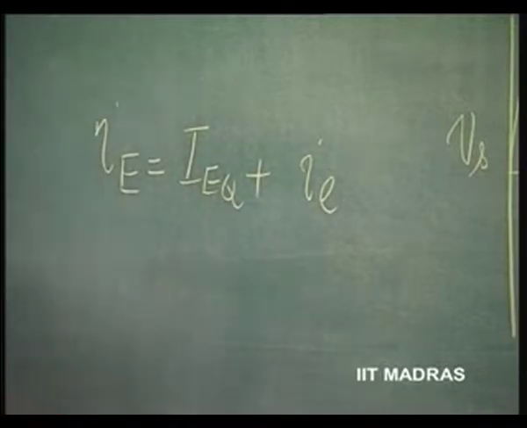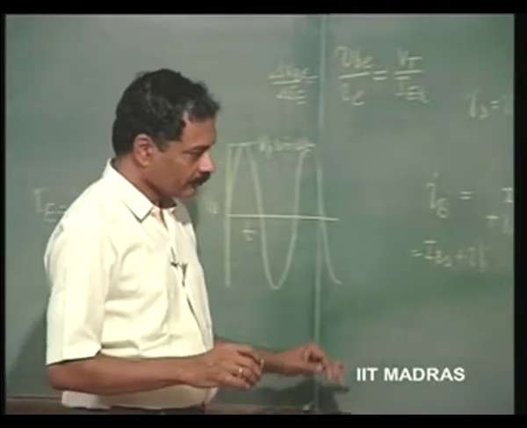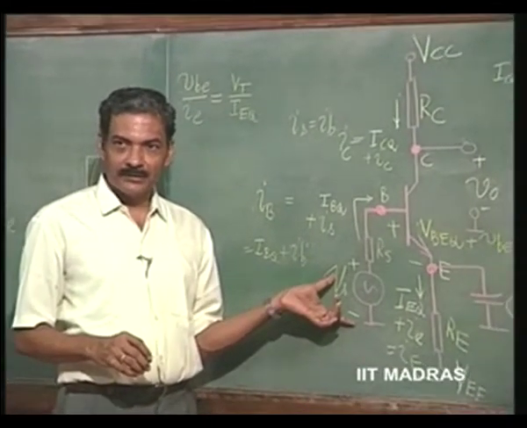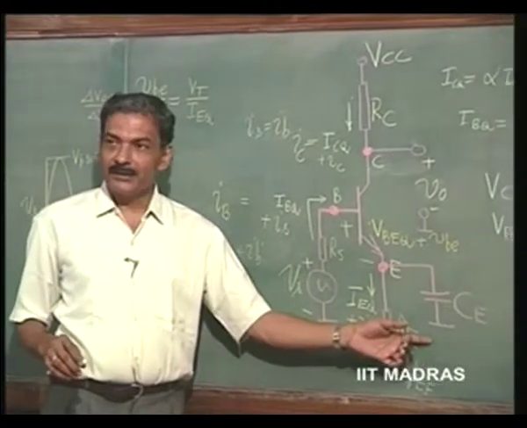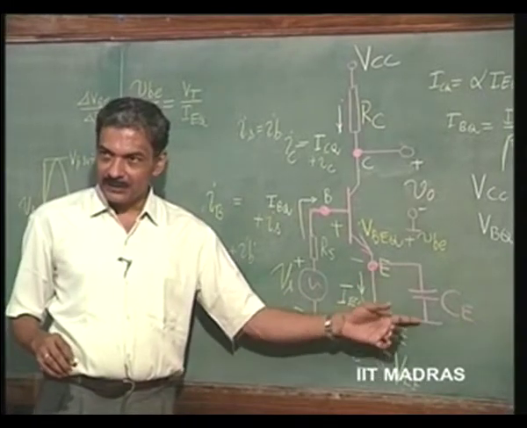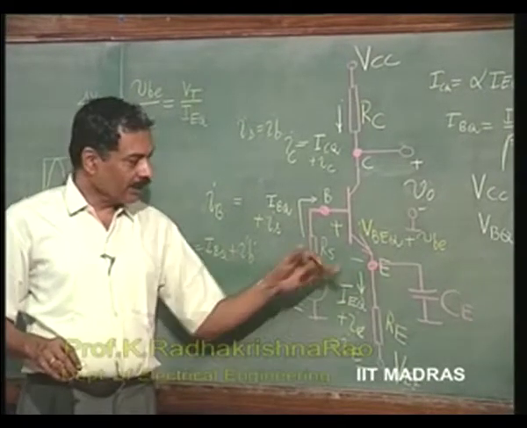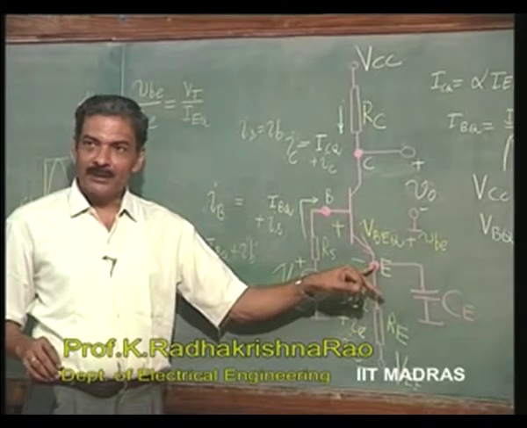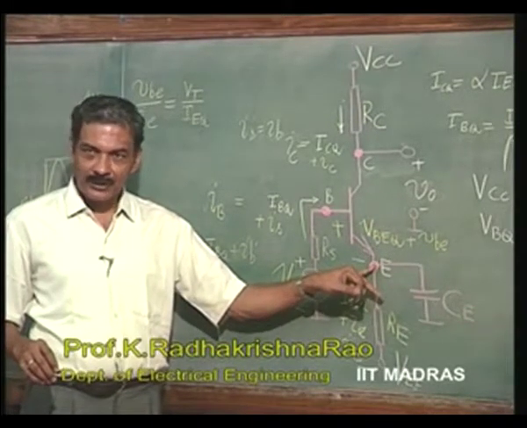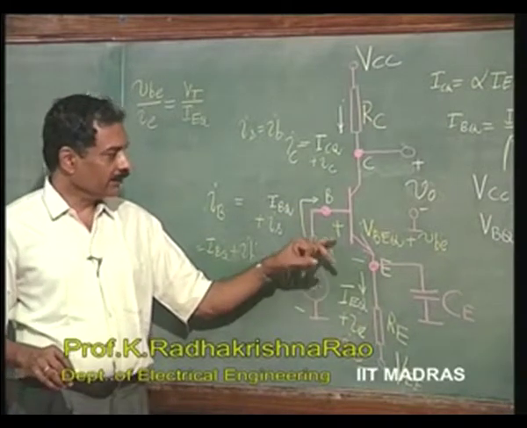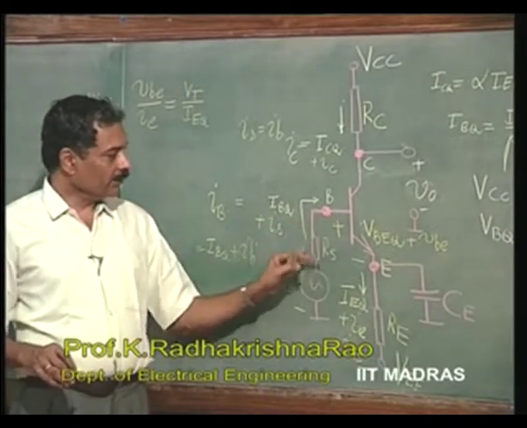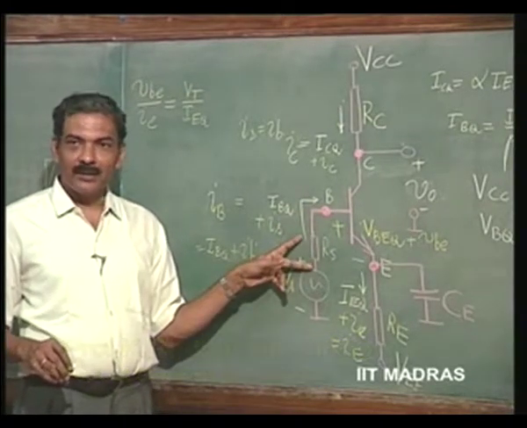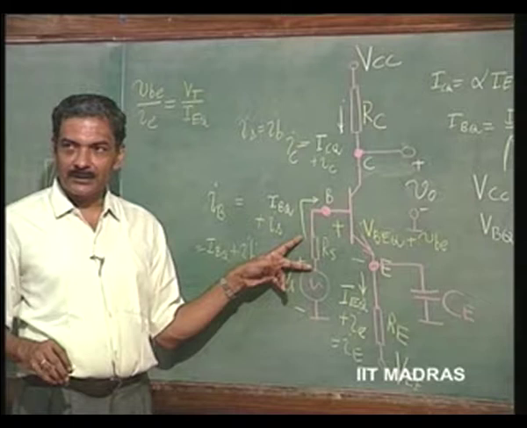We can assume that this change Vs, because we have put a capacitor here, which is a short circuit for the signal, is such that this terminal is almost at the same potential as this, as far as the signal is concerned, and therefore this potential is going to be very nearly at this, because we are neglecting the drop across this.